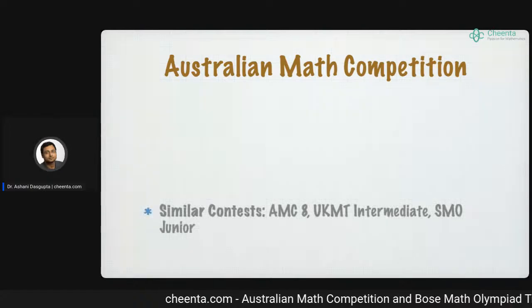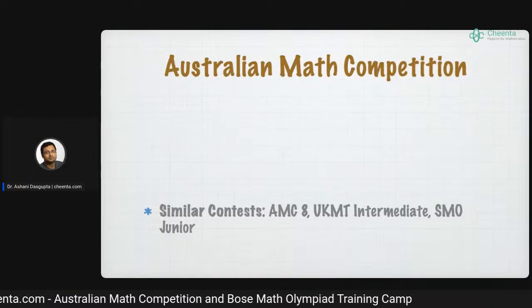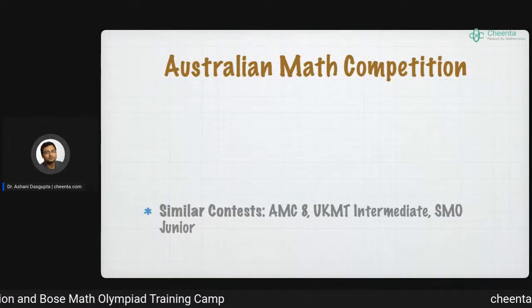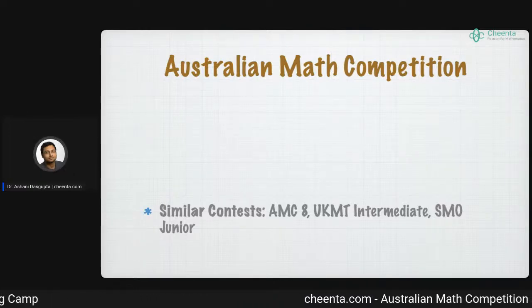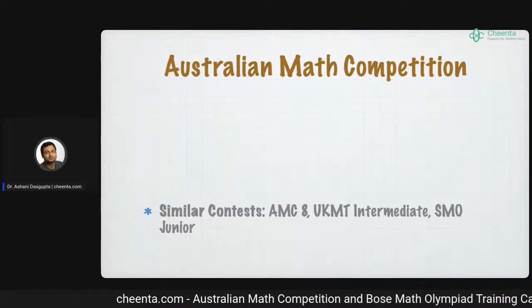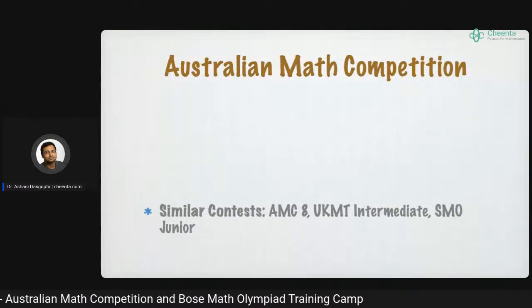All of these are modeled after the American Mathematics Competition, so it's not very different from that. If you're taking a math Olympiad program with Cheenta, you have already faced these topics a number of times. In fact, I would suggest you continuously attend the problem solving sessions which happen 5 days a week, if you are not attending them, because it will be very relevant for that.